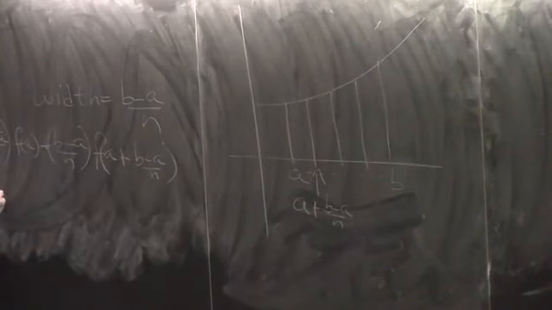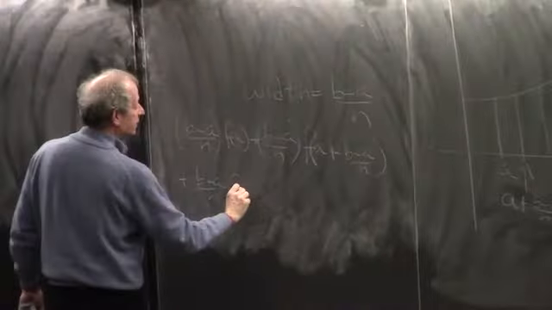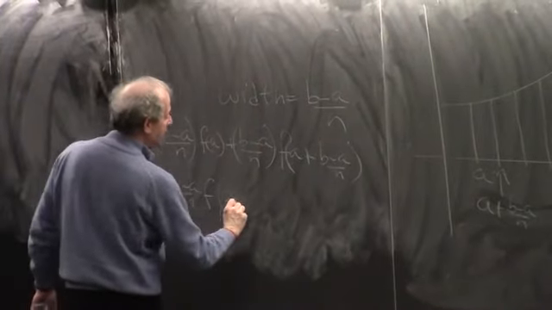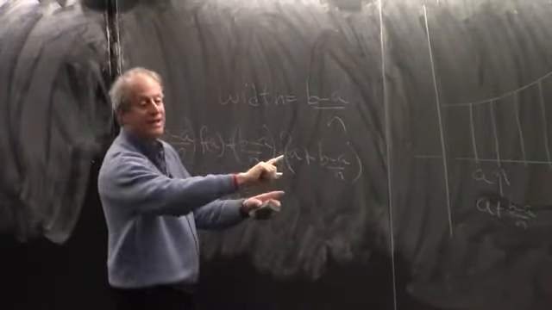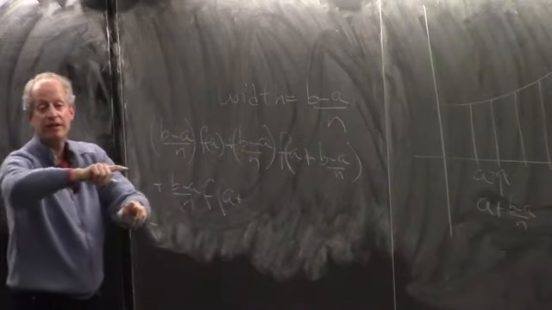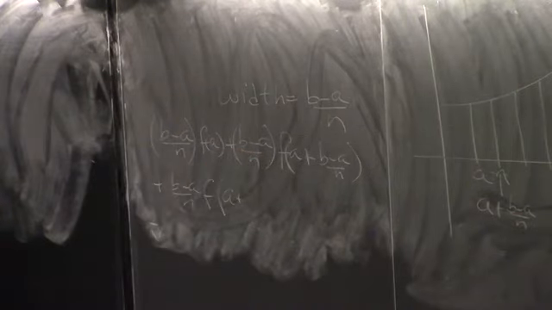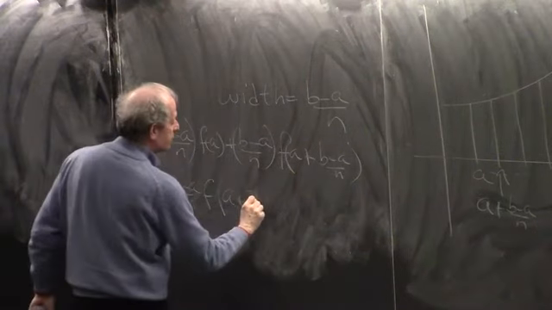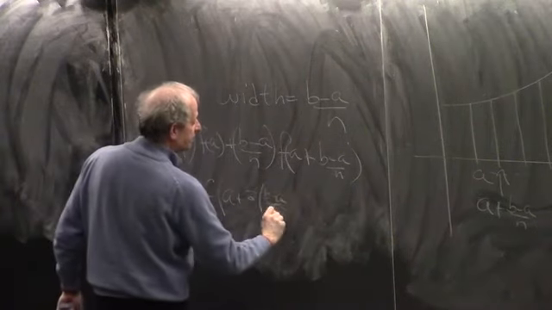Then the next one, the width is still b minus a over n. And I took a, and I moved b minus a over n, and another b minus a over n. Remember, b minus a over n is how wide each rectangle is. So I had 2 b minus a over n's.